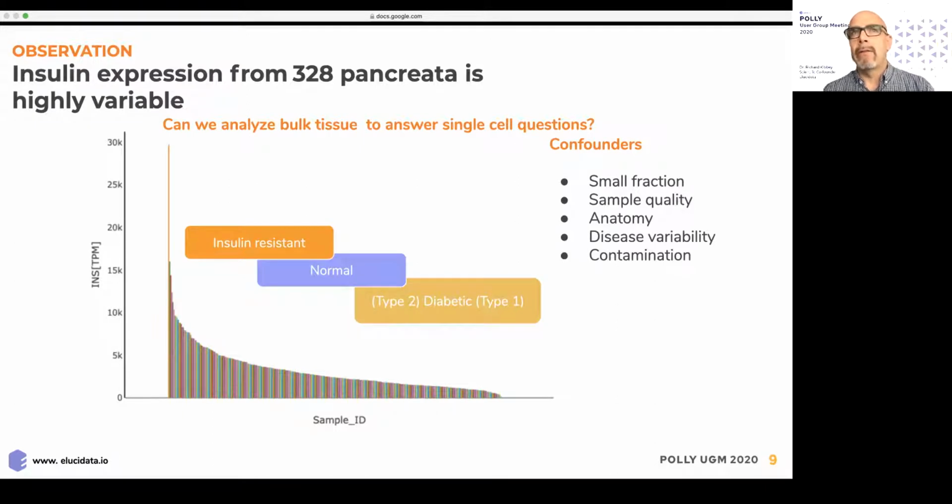There are more islets in the head of the pancreas than in the tail of the pancreas, and so depending on where you sample from, you may get different responses. And as I mentioned just earlier, there's a lot of variability in gene expression as the disease progresses. And what we're now finding is that some of these samples aren't completely pure. They've been contaminated by other tissues. But still, given the large number of samples that we have to look at, it is really a valuable resource to be able to examine.